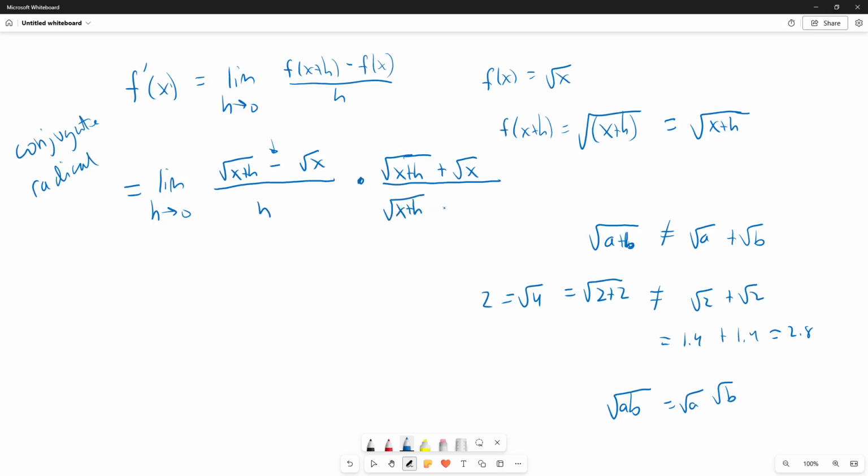So write down the two square roots with the opposite sign. Now our goal is to cancel h on the bottom. So on the bottom, we don't want to distribute the h. We would just have to factor it back out if we did that. So let's just leave it separate and indicate the multiplication by just writing these things next to each other.